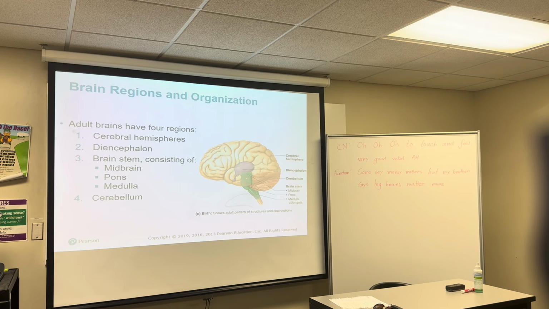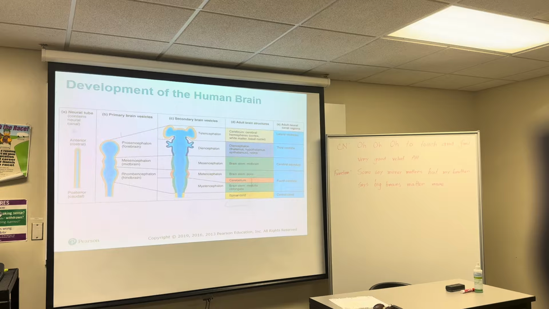And right here, this stem looking structure which is going toward the spinal cord is called the brain stem. All of these parts also have many subdivisions, subparts, which we already talked about. The brain stem has three main parts: midbrain, pons, and medulla oblongata.